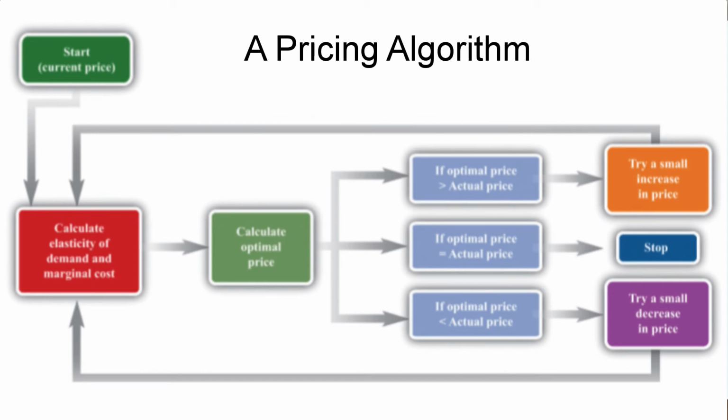Then you have to analyze your marginal cost and elasticity again and repeat the process. If the optimal price is lower than your current price, then you have to decrease your price. Then assess your marginal cost and elasticity and repeat the process.